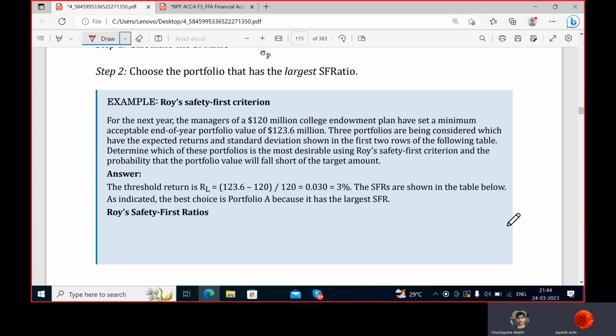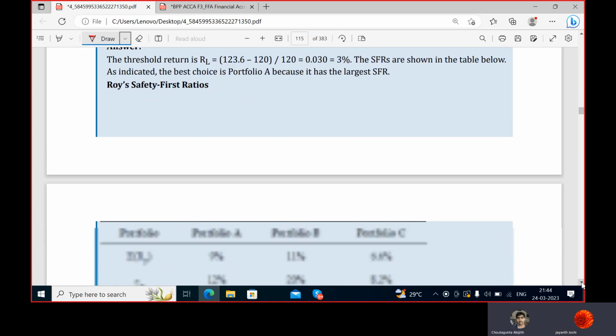What table are they talking about? Sorry. What table are they talking about?